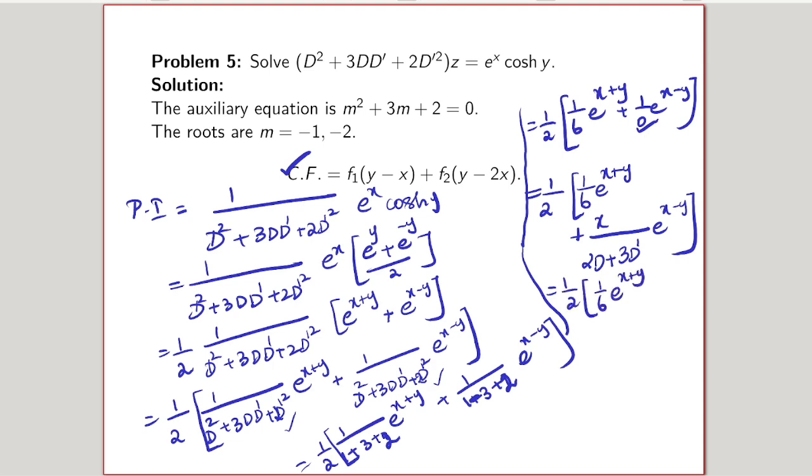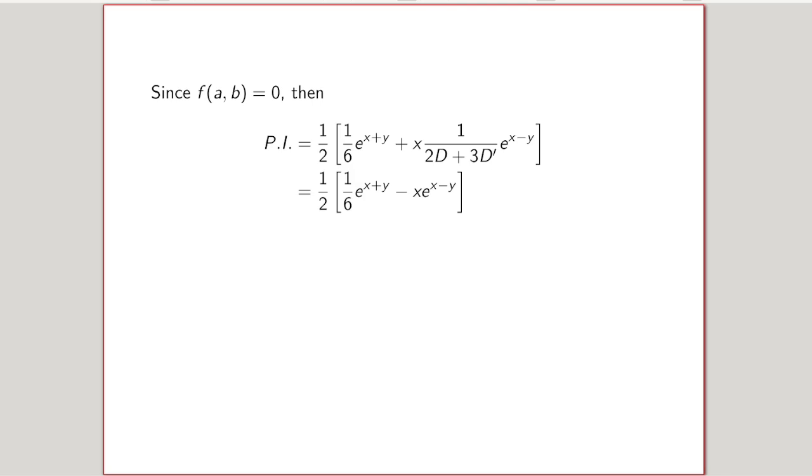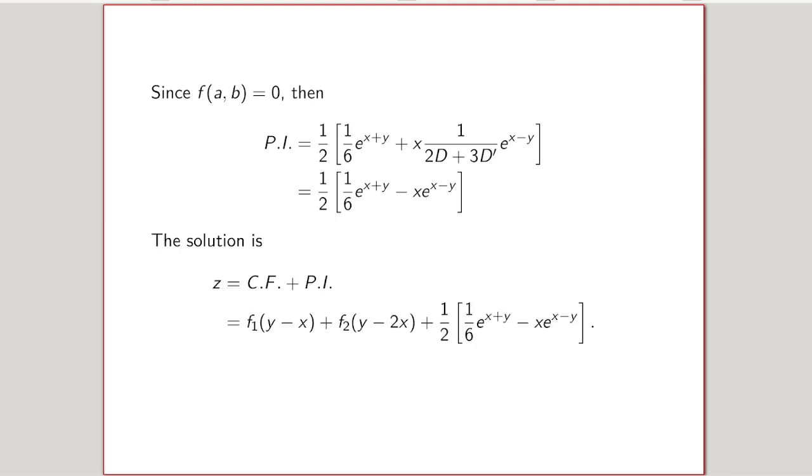So if we put d as 1 and d dash as minus 1, we'll get minus x by 4 e power x minus y. So this is our particular integral. Minus x e power x minus y. So the solution is complementary function plus particular integral.